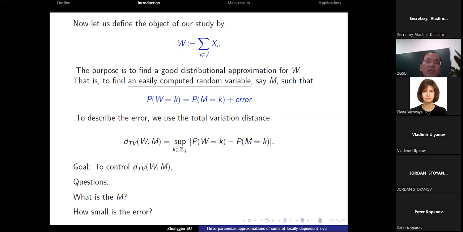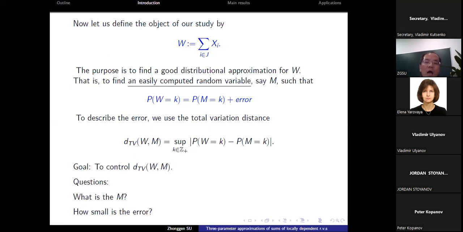Throughout my talk, we are using the total variation distance. So our goal is to control the total variation distance between W and M.